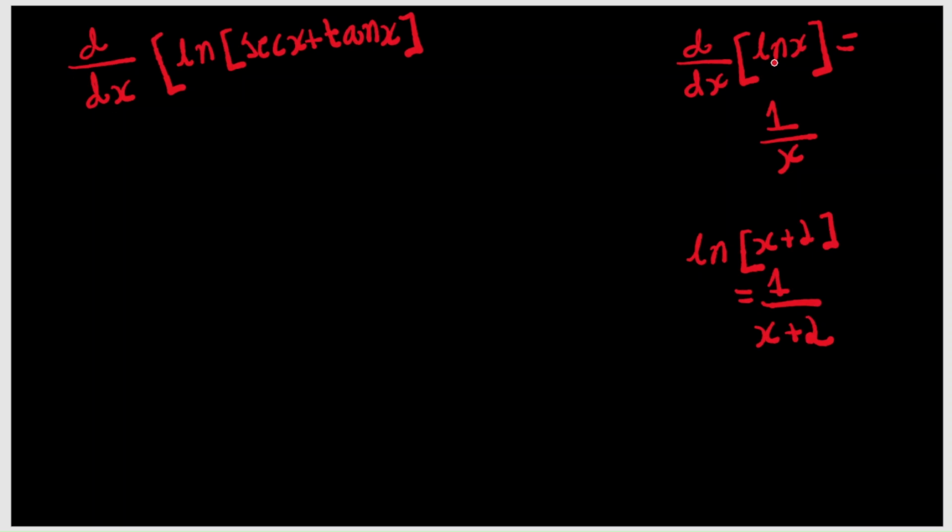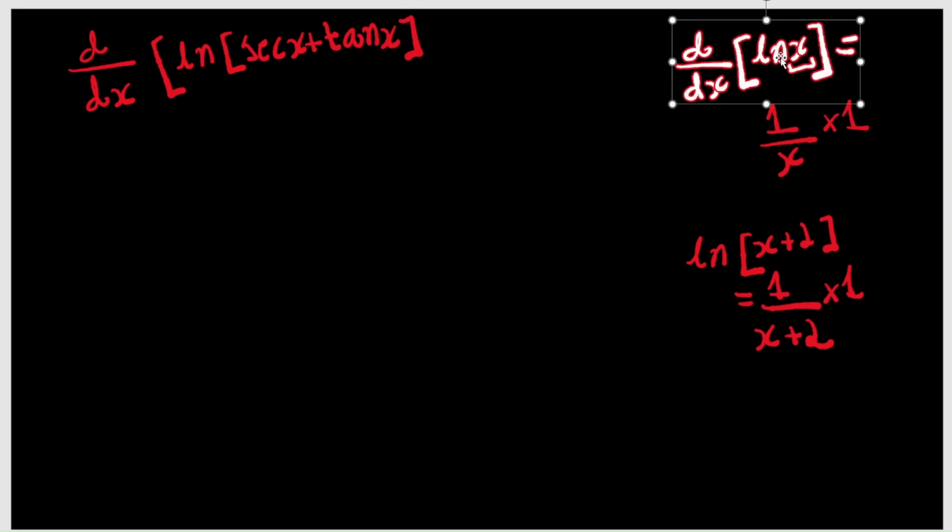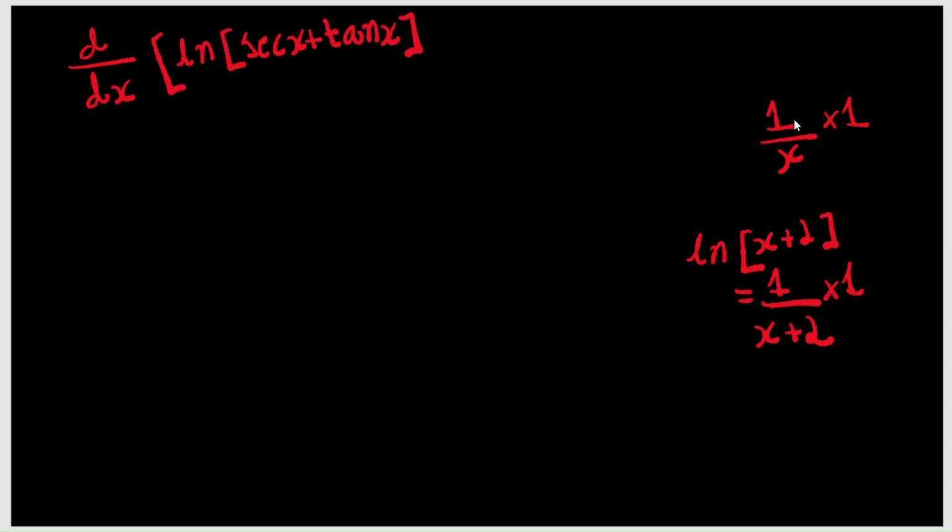Then we find the first derivative of whatever is written next to ln. What is the first derivative of x? It is 1. Over here also, what is the first derivative of x plus 2? It is 1. So this is how we find the derivative of ln. Let me remove this so we can have more space over here.